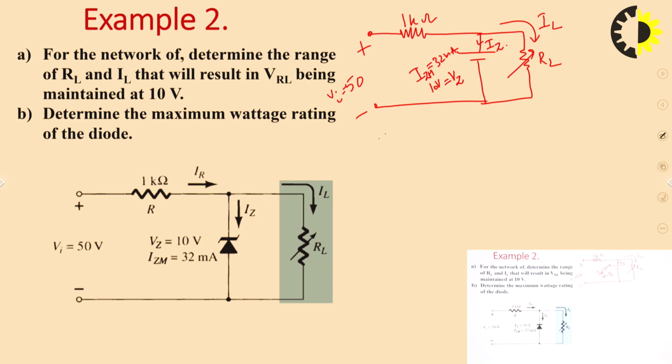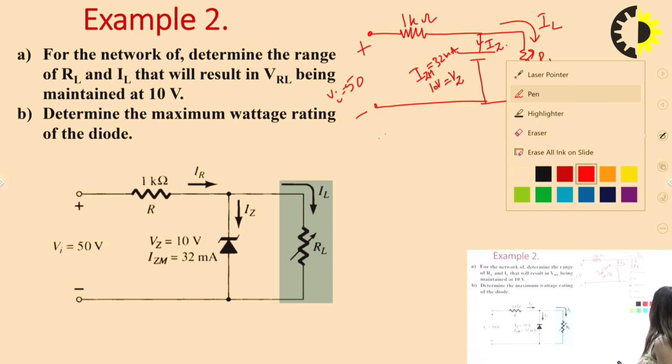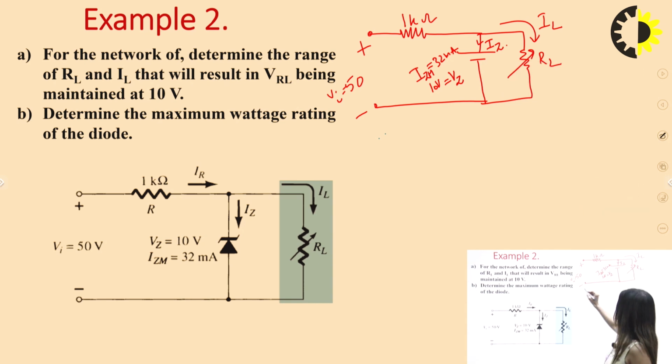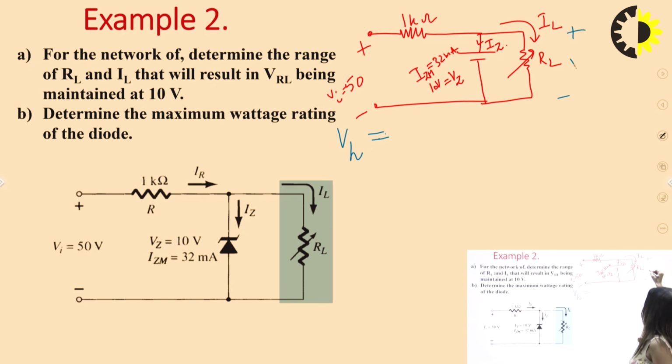Now, the first step is to calculate the value of VL. I have already assumed that the Zener diode has been converted into a battery of VZ, so obviously VL is equal to VZ in this case, and that has been given as 10 volt.